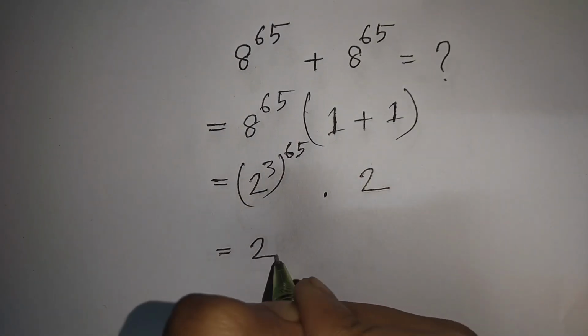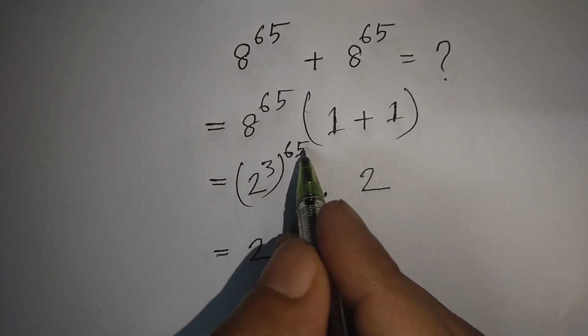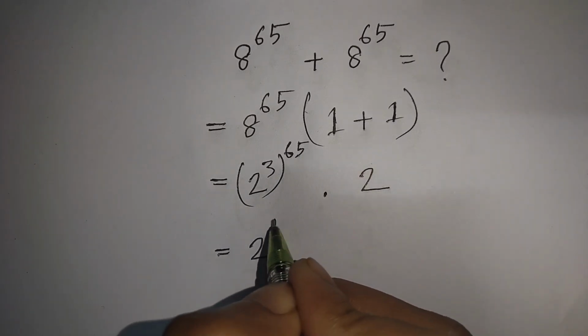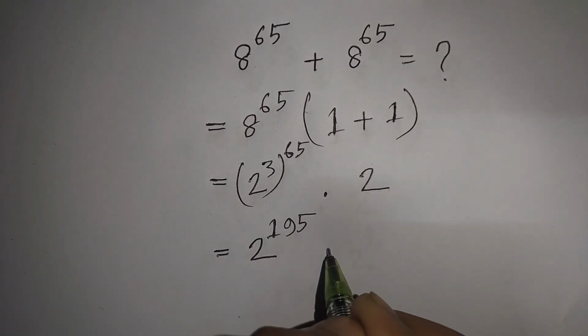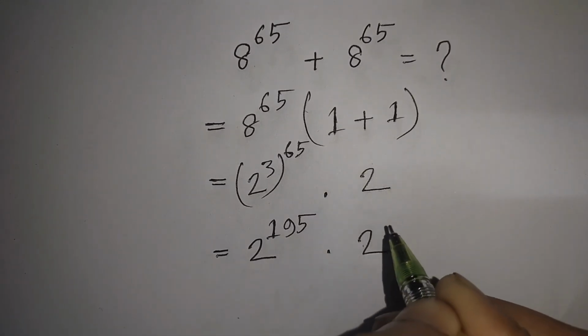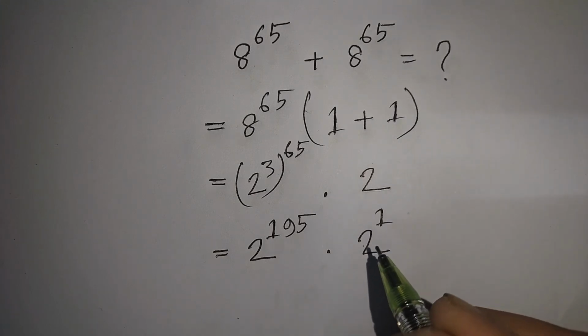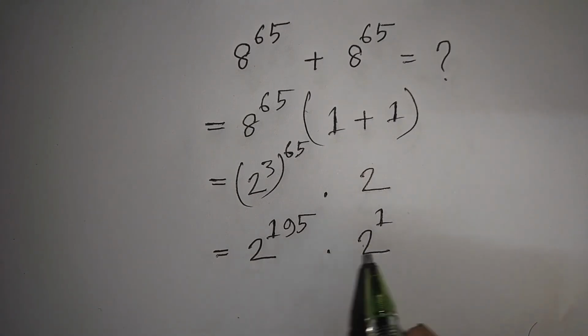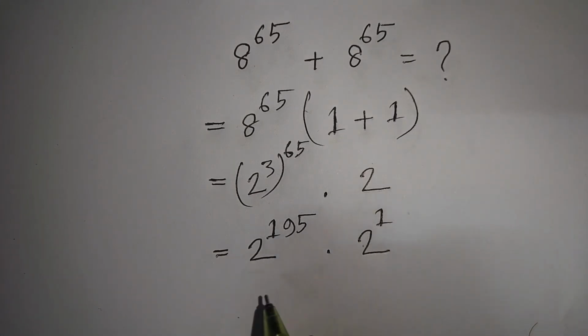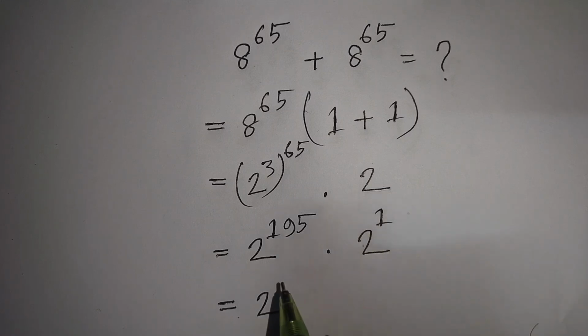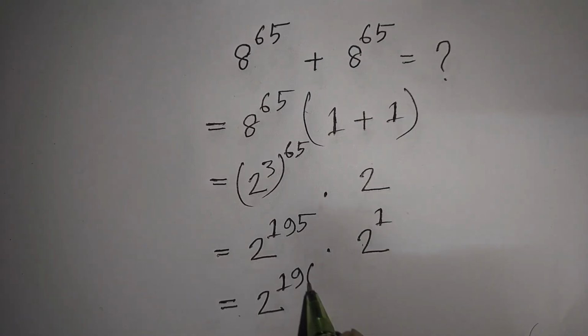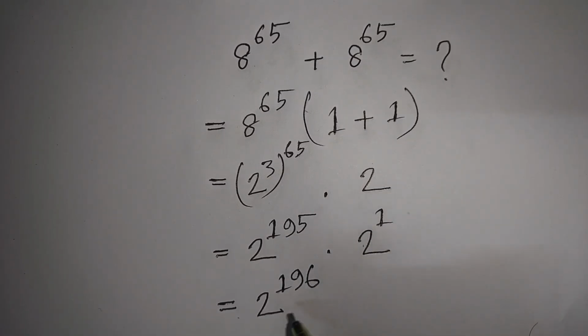Then 2 to the power 3 times 65, that means 195, times 2 is same as 2 to the power 1. We see that 2 same base but different form. So we can write here 2 to the power 195 plus 1, that means 196. So 2 to the power 196 is the correct answer.